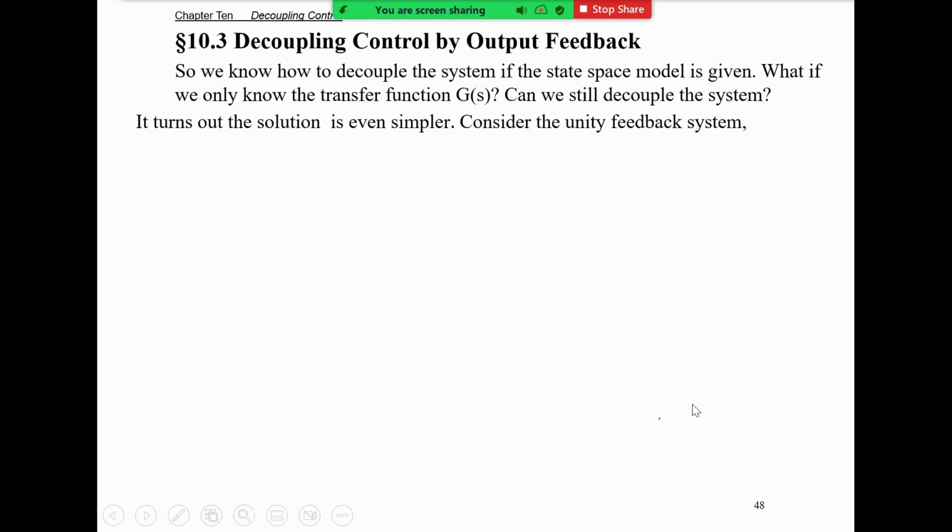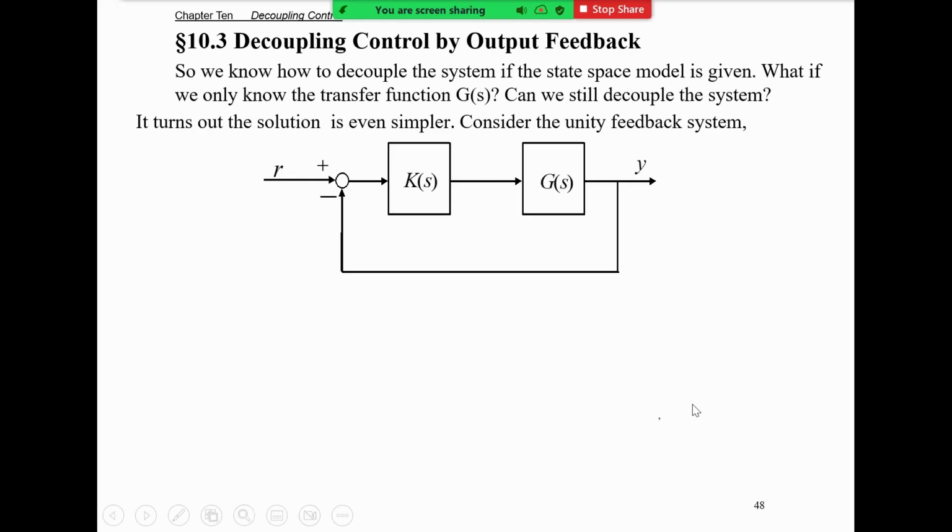But for this one, it is much easier because it involves something quite common. So what is the problem? Remember this Y and R now are vectors, not just one number. So this G is a transfer function matrix. You want to construct a controller, which of course is also a transfer function matrix.